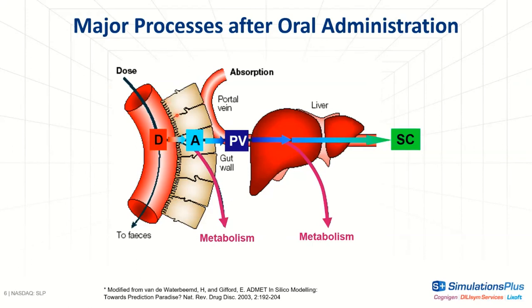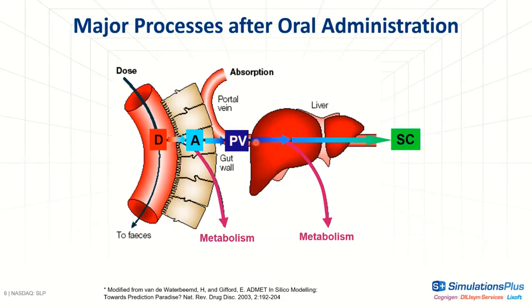And it can also change along the intestine. The absorbed drug may get metabolized in the enterocytes, and again, the rate of metabolism might be changing along the intestine. So only a portion of the compound may actually make it into the portal vein.